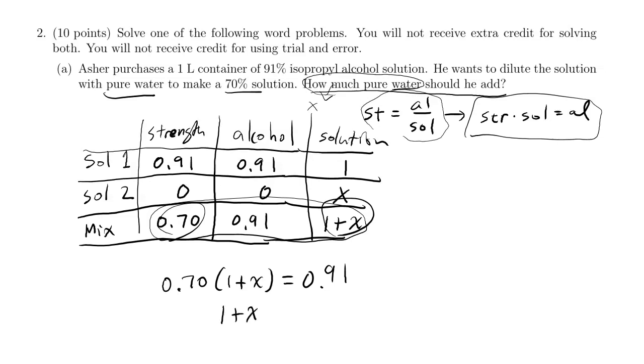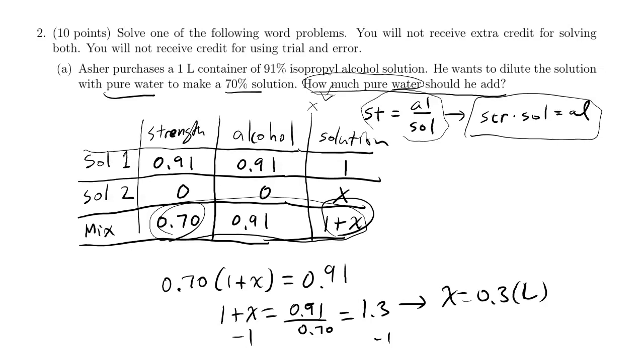Now, if you actually divide 0.70 both sides, you're going to get 1.3. So solving this by subtracting 1 both sides will give you X equal to 0.3 liters. Now, it's important that in word problems, if the units are given, you have to use the common units. So this is your answer.